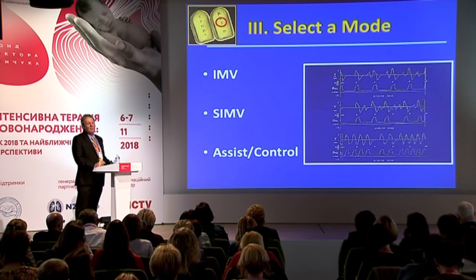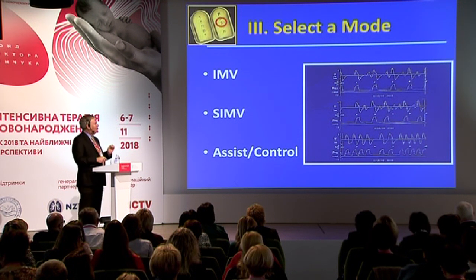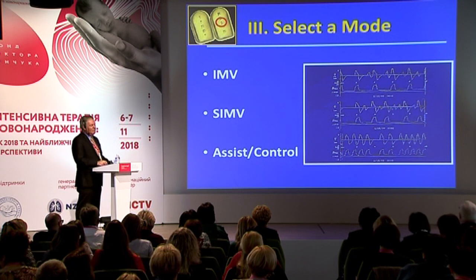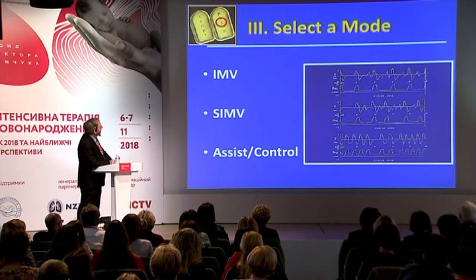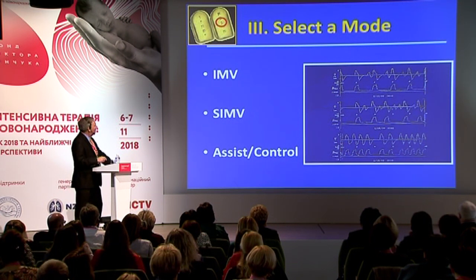So the clinician has programmed the ventilator to cycle at 30 breaths per minute. And every 2 seconds, the ventilator delivers a breath to this baby. In between, occasionally, you see the baby makes a spontaneous effort that is supported only by the positive end expiratory pressure.